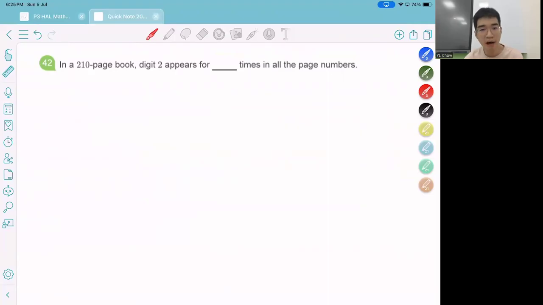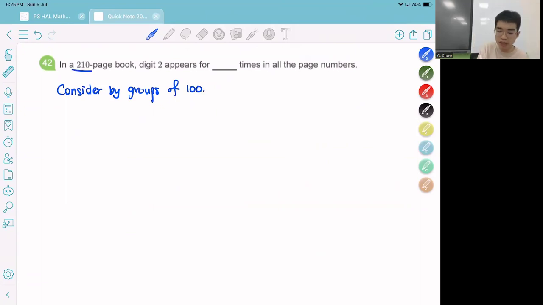Okay, so usually how do we do it? The tip here is to consider by groups of 100. In other words, we consider different cases based on the hundreds digit of the number.